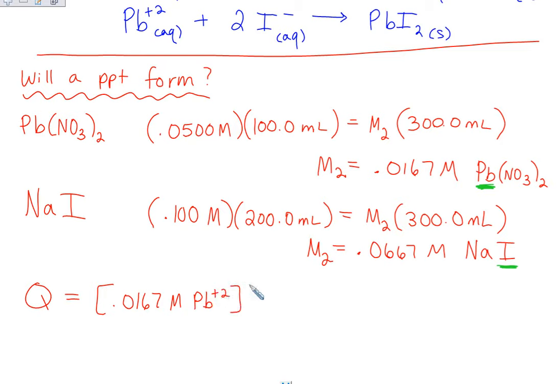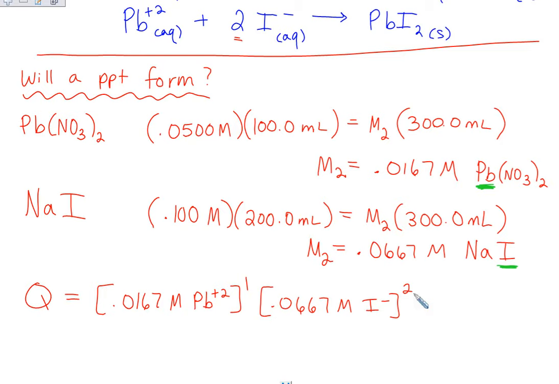In the equation, we're just going to raise that to the first. And then I take my iodide: 0.0667 molarity of the iodide ion. And in the balanced equation, I need to raise this to the second power. Now again, we're not going to double it yet, because this is Q, and we're just using our initial conditions.